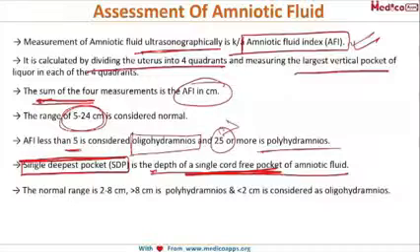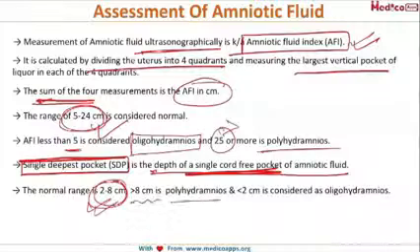And the normal range of this SDP is 2 to 8 centimeter. So you have 2 ranges here, one of AFI, that is 5 to 24 centimeter, and SDP or single deepest pocket, it is 2 to 8 centimeter. If it is more than 8 centimeter, we call it polyhydramnios, and if it is less than 2 centimeter, then we consider it as oligohydramnios.